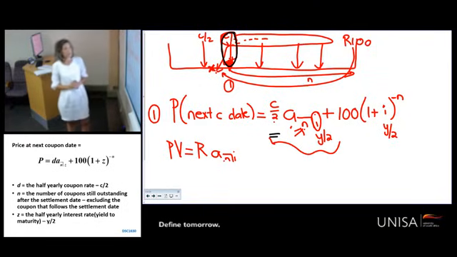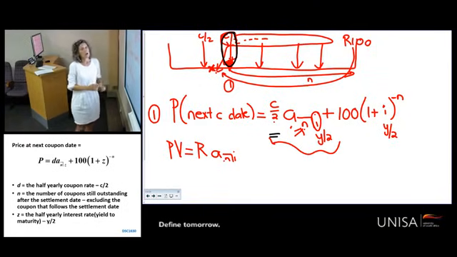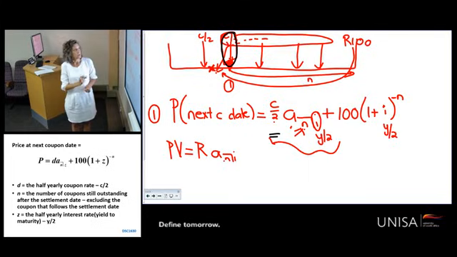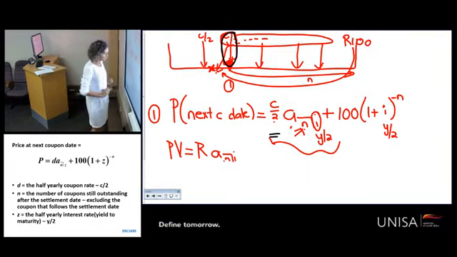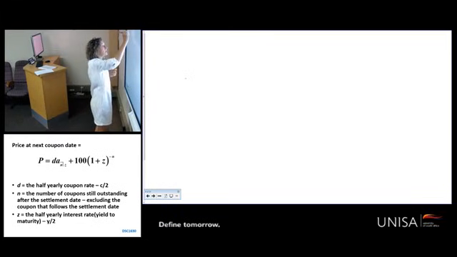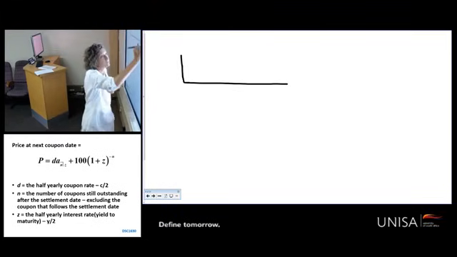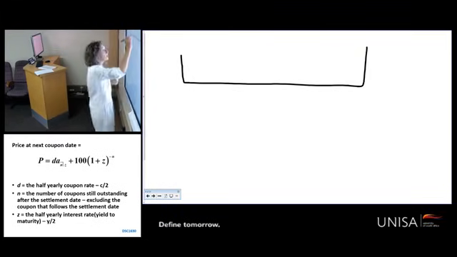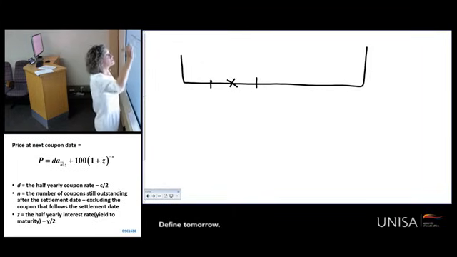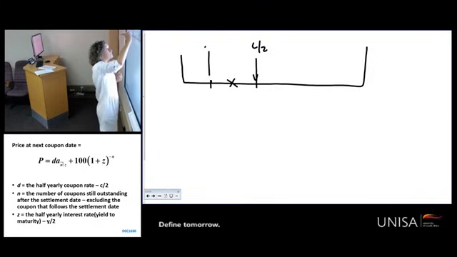That depends on what we call cum interest or ex interest. Let's go back and draw a nice timeline again. Let's say there is our settlement. Here is the coupon after settlement, and that is our maturity. So there goes a C over 2. That's our settlement.